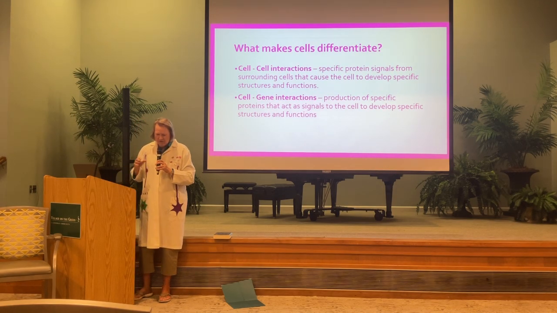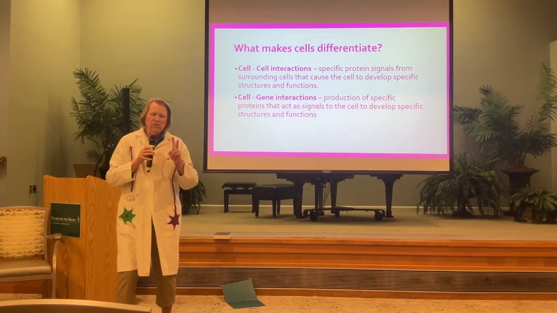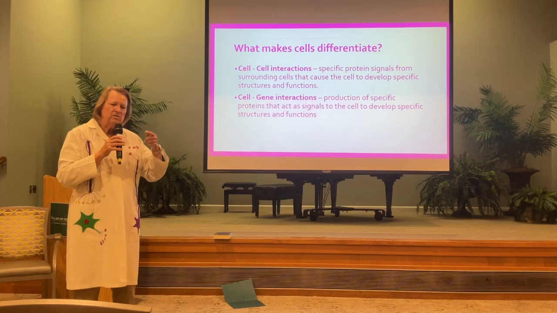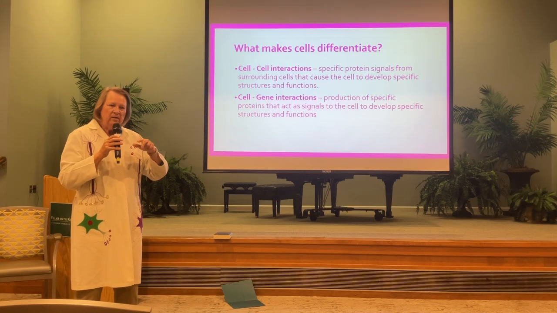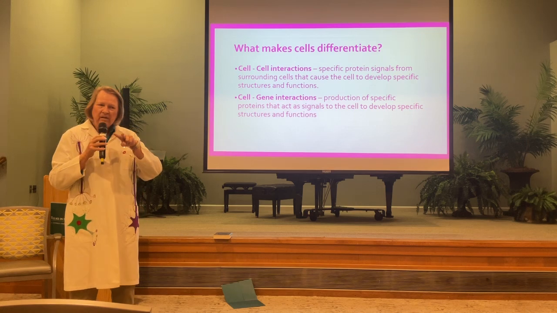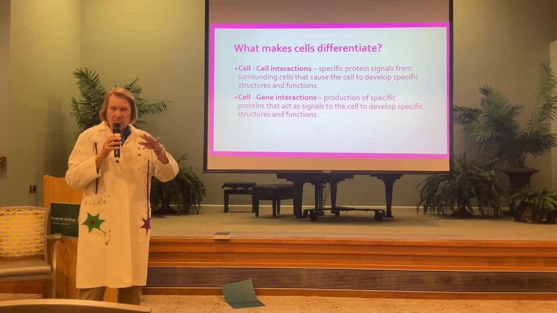What makes us differentiate? This is where we could take an entire semester talking about this, but two major things. The first thing is the fact that the cells are next to each other. They will affect each other or impact each other in deciding what the fate of this particular cell should be.